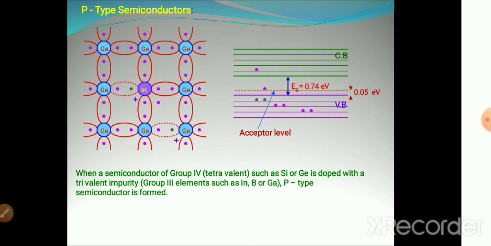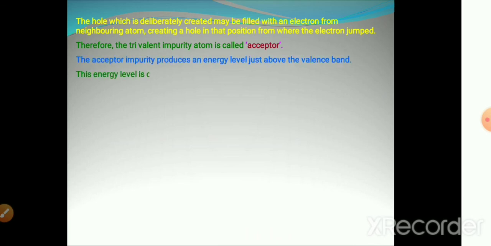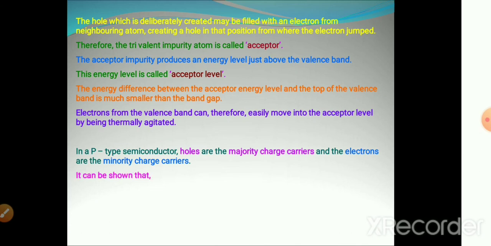So we can say that a large number of holes are available, and the majority charge carriers are holes and the minority charge carriers are electrons. And here also the product of the number of holes and the number of electrons is constant, and it is equal to Ni square as in the previous case, where Ni is the number of intrinsic charge carriers.